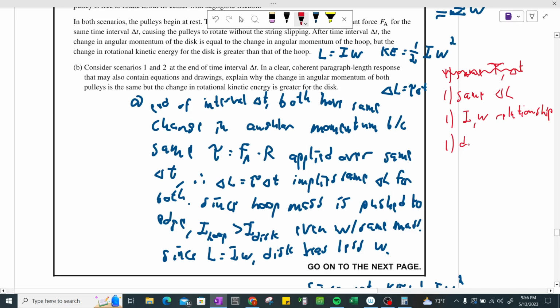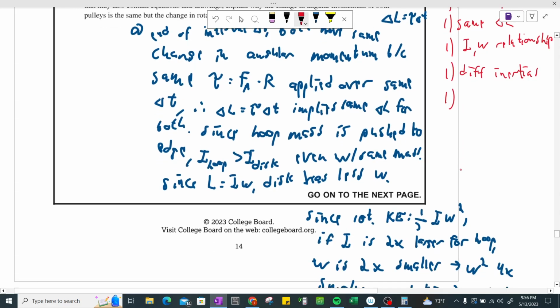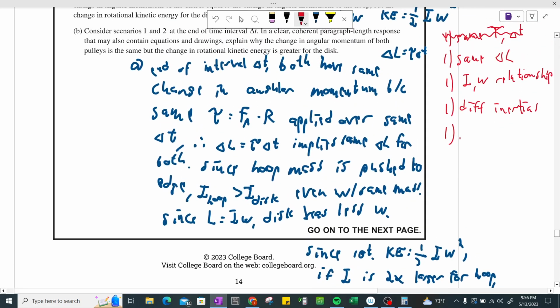1 point for different inertias. 1 point for different omega implies different rotational KE.